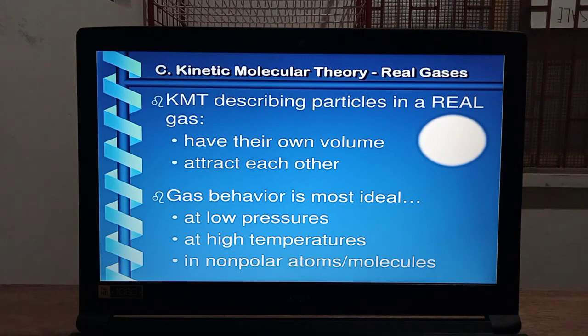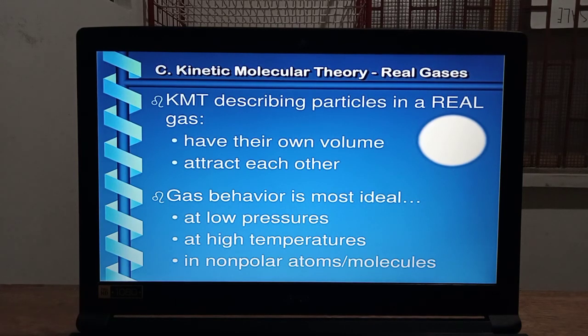So we have the kinetic molecular theory of real gases. KMT, or kinetic molecular theory, describes particles in a real gas as having their own volume and attracting each other, and gas behavior is most ideal at low pressures, at high temperatures, in nonpolar atoms or molecules.